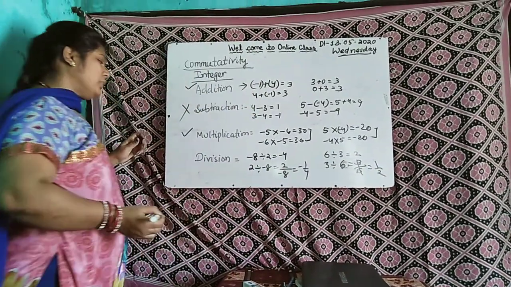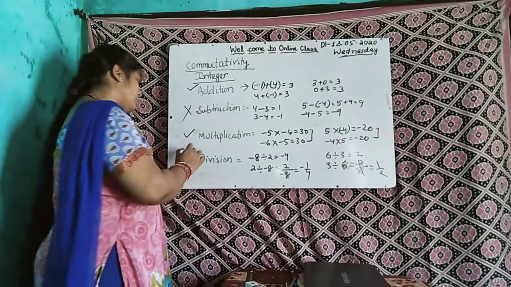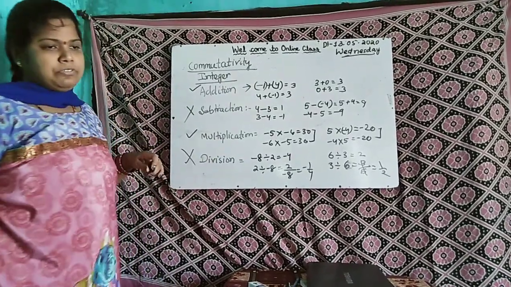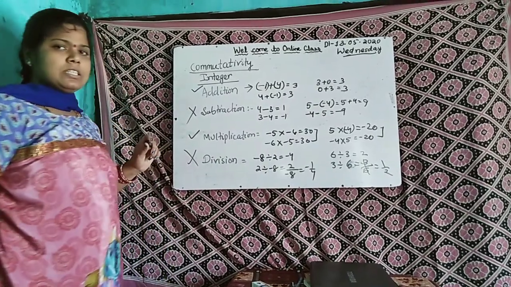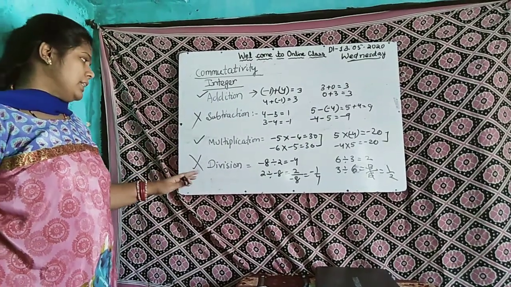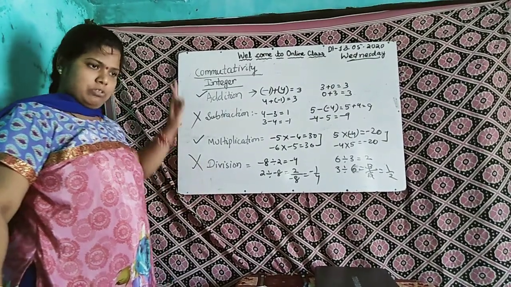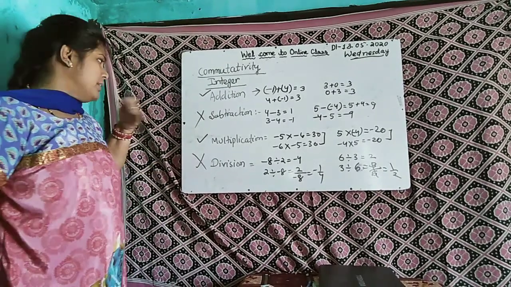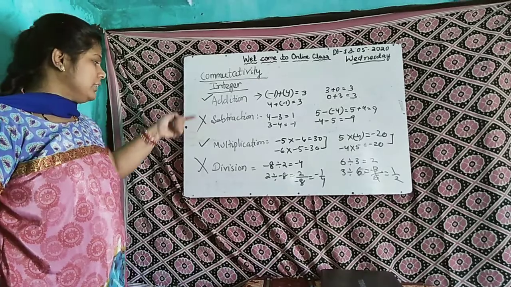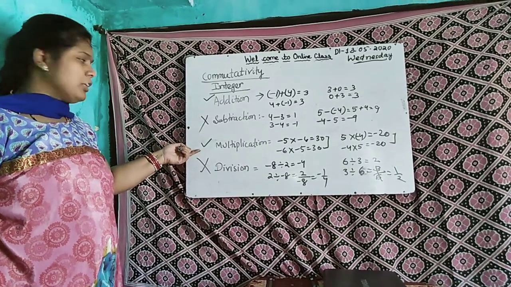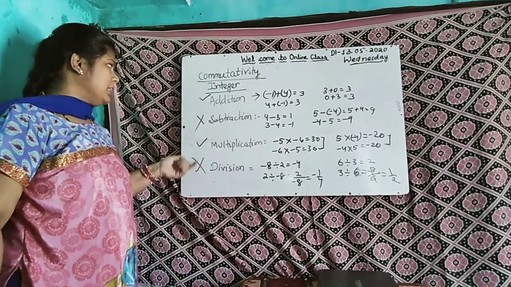Different answer. So division does not satisfy the commutative property. So integers are not commutative under division. In summary, integers are commutative under addition and multiplication, but not commutative under subtraction and division.